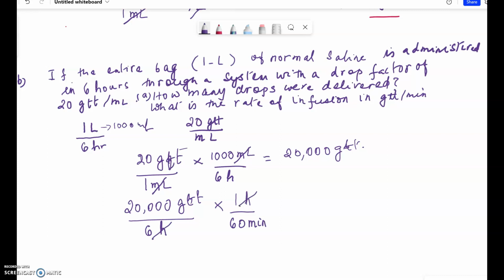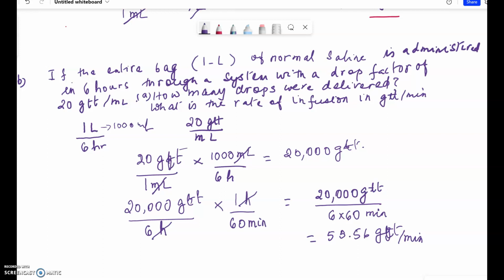The hours cancels with the hours, and we have 20,000 GTT per 6 times 60 minutes. And we simplify this to get 55.56 GTT per minute. So about 55 or 56 drops per minute.